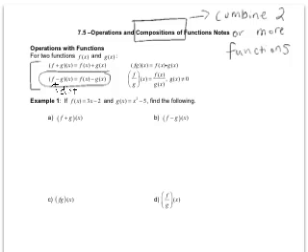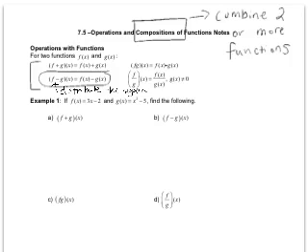So I'm going to distribute the negative. I'll show you that example in a little bit.